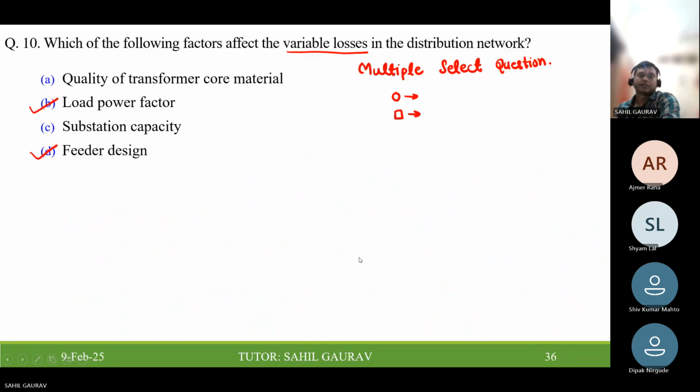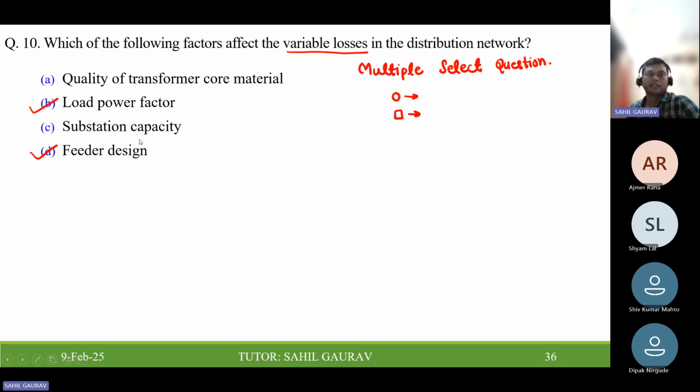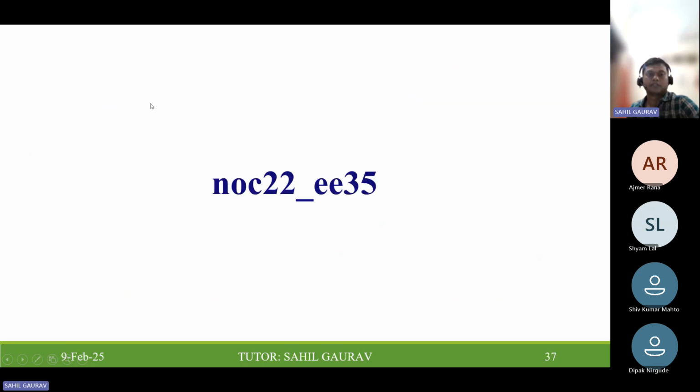And the next is: which of the following factors affect the variable losses in a distribution network? So we know that if you see variable losses in the distribution network, load power factor and feeder design will decide the variable losses, because copper losses are variable losses, and copper losses depend on load power factor and feeder design.